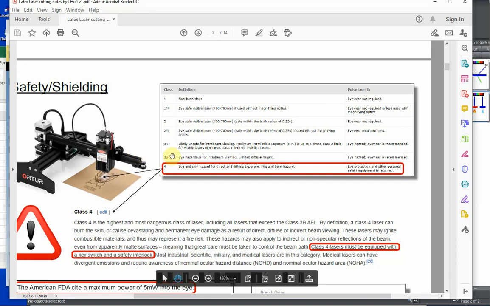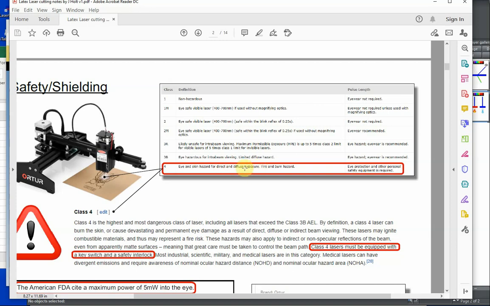So lasers are classed with various numbers, as you probably know. Class 1 laser is classed as non-hazardous. This is certainly European. I don't know whether it's international. I think it is international. We are using a class 4. This is what's called a class 4 laser. And for a class 4, it says, I'll read it if you can't see it, it says eye and skin hazard for direct and diffuse exposure.